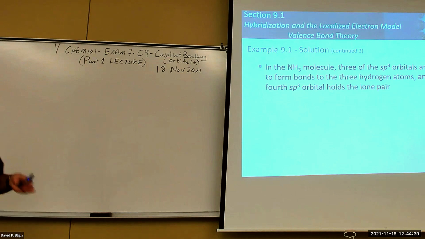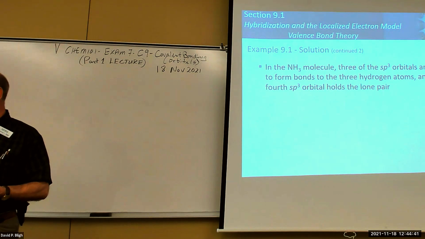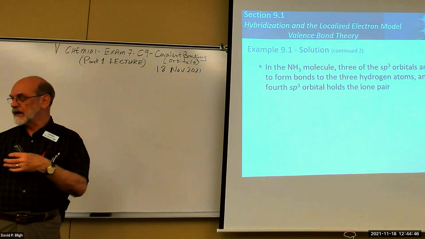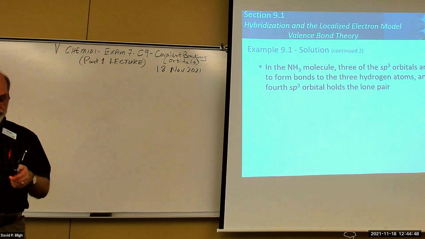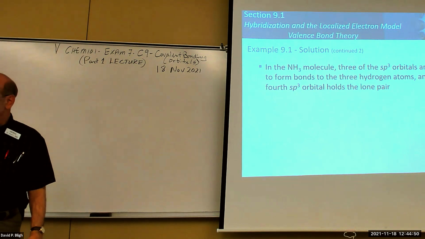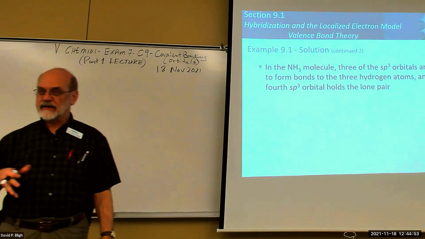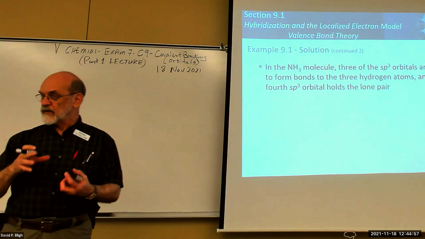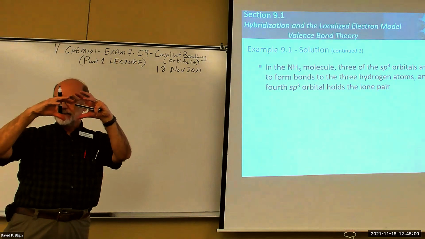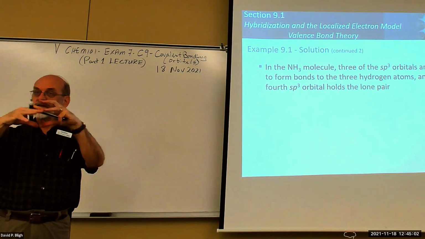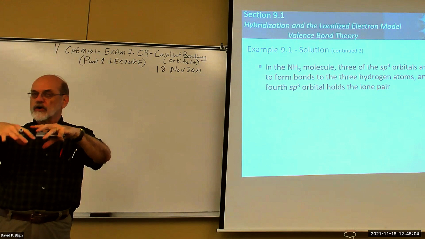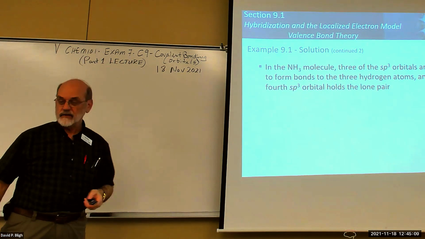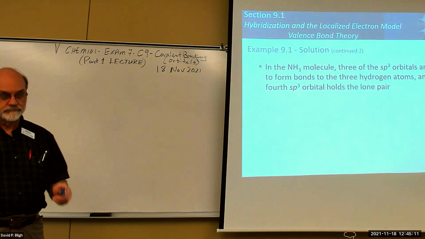Okay, so it uses 3 of those sp3s for actual bonding with the hydrogens, and the 4th one is occupied by the lone pair of electrons. Now, of course, the bond angle we predict for a tetrahedron is 109.5 degrees. But with that lone pair up there, remember, lone pairs that are not in a bond tend to balloon, so their charge spreads out some and compresses the others. So the actual bond angle is less than 109.5.